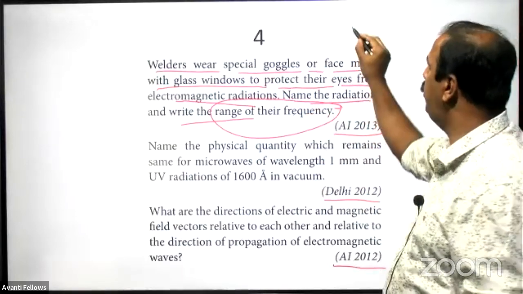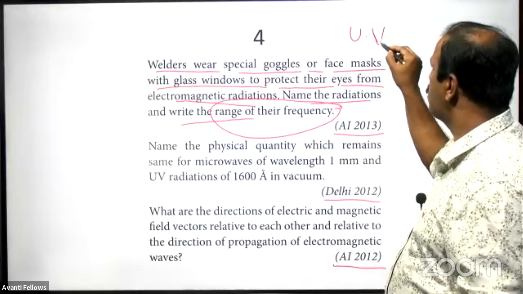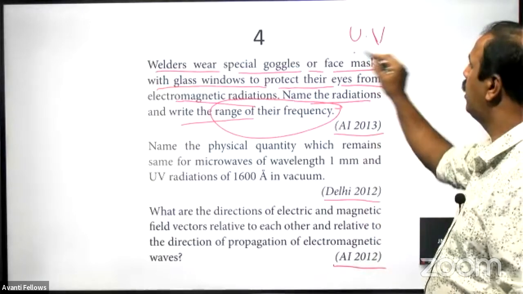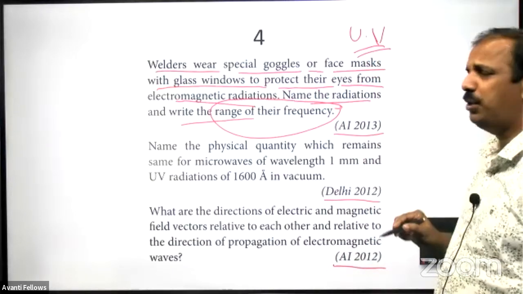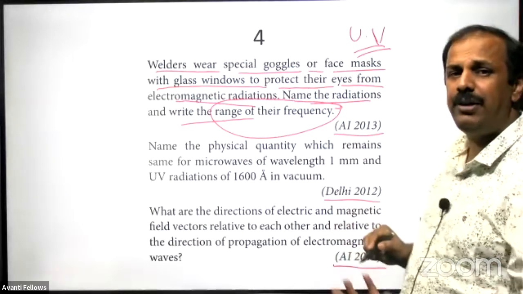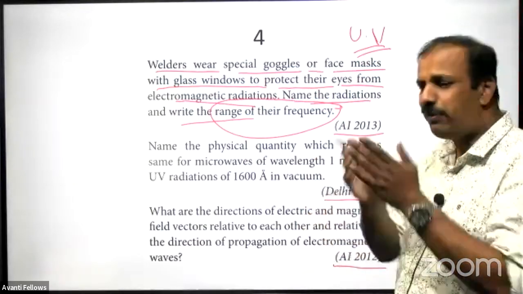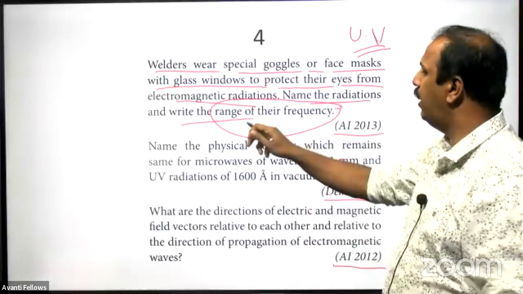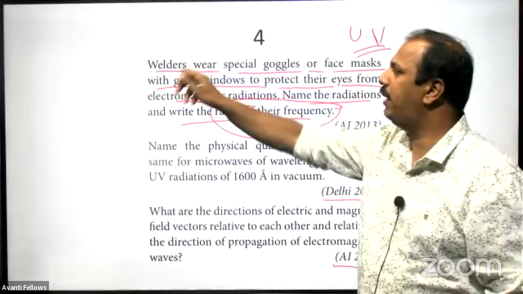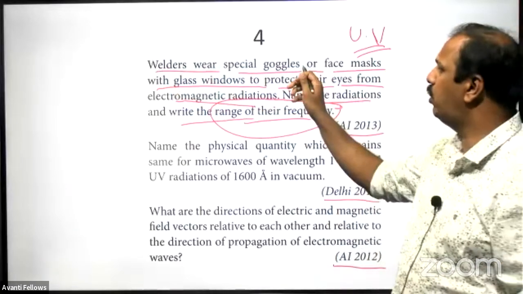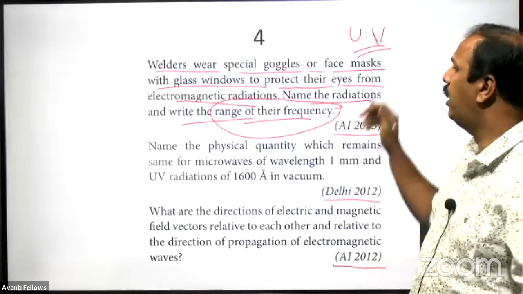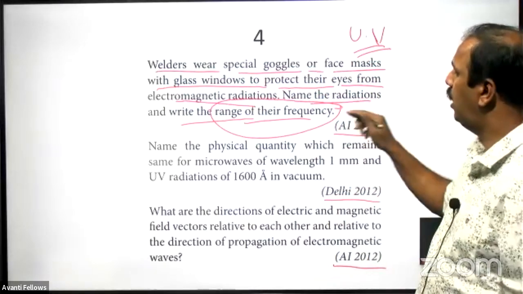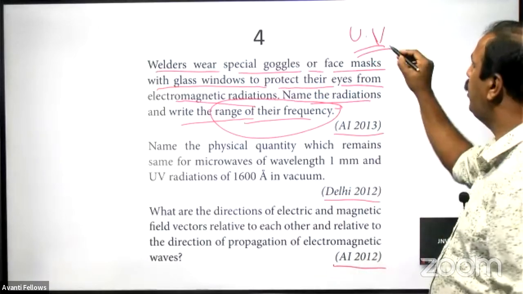So you know this is UV radiation. UV radiation comes after violet. You know the wavelength of violet, so it is adjacent to that one. One end you will get, but for the other end you have to study from where to where the ultraviolet radiation is coming. These welders use goggles, meaning the glass, to protect their eyes from UV radiation only.